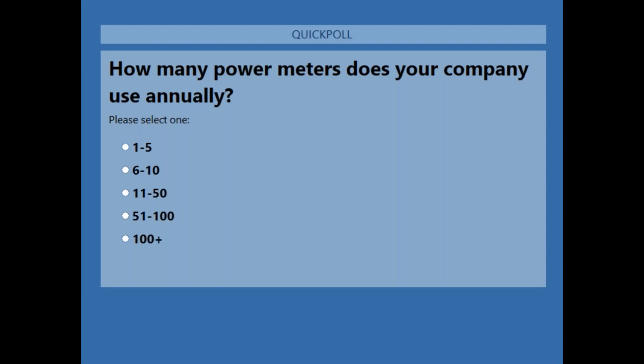So if I have CTs installed at the job, could be Setra CTs, might be another company's CTs, can I use those existing CTs on this power meter? You can use those existing CTs, but you need to check the output on those CTs.